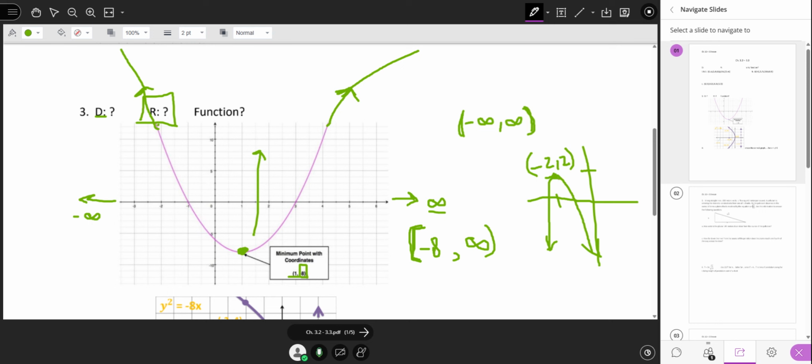And your y value on this maximum, because it's an upside down parabola, is 2. So you're coming up from negative infinity, and your maximum is 2. You would notate that as negative infinity as your starting point, and you come all the way up to positive 2.